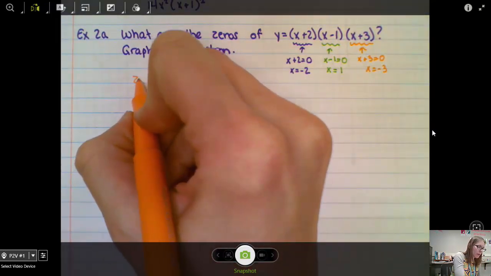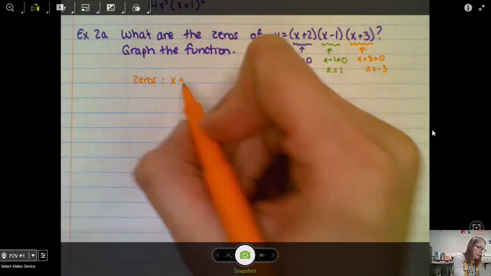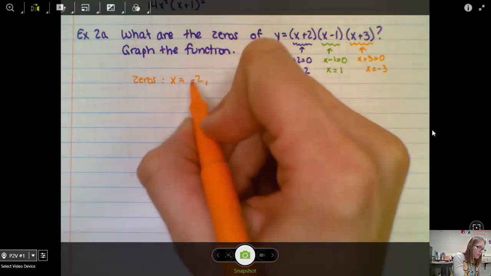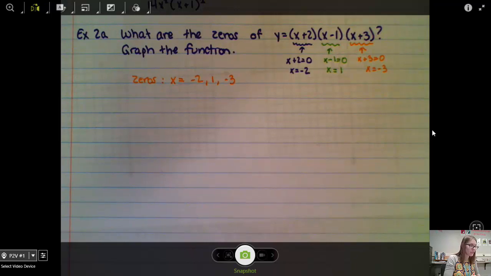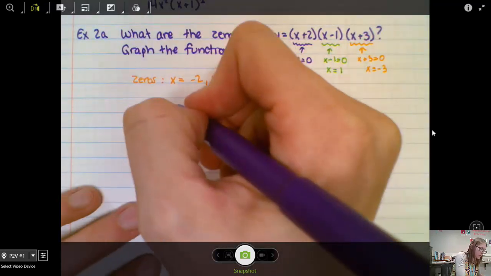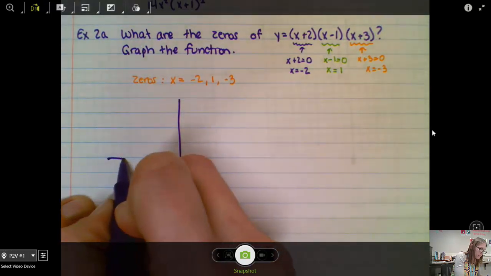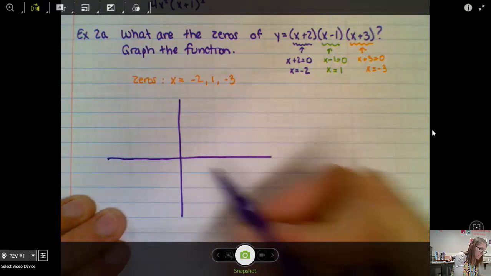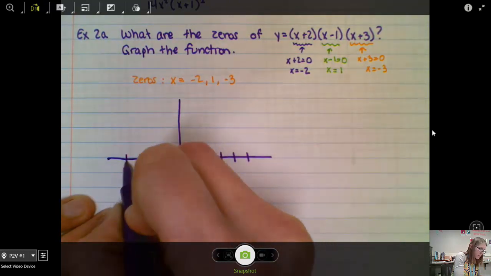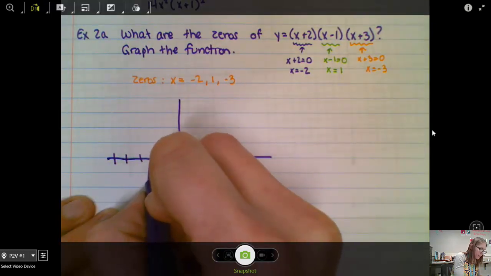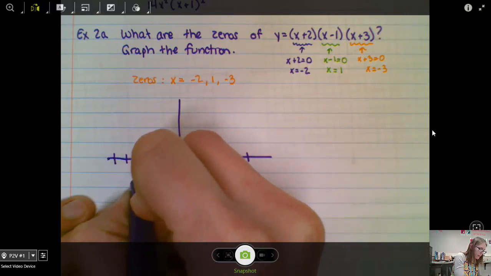So this polynomial function has zeros at x equals negative 2, 1, and negative 3. And that's what we are going to start by graphing. Zero at negative 2, positive 1, and negative 3.